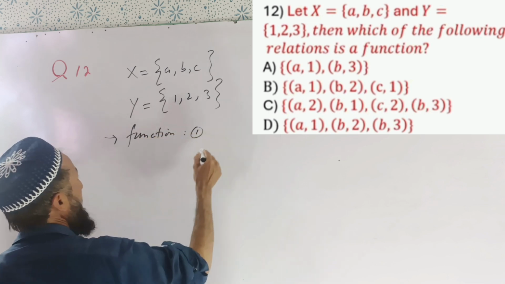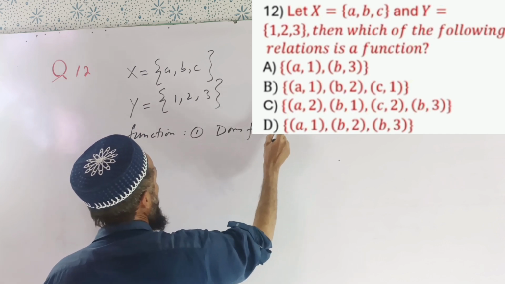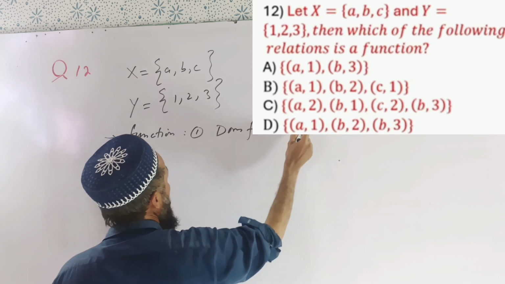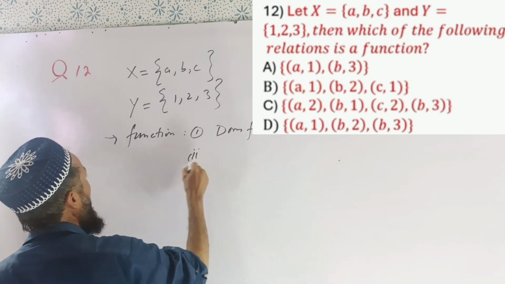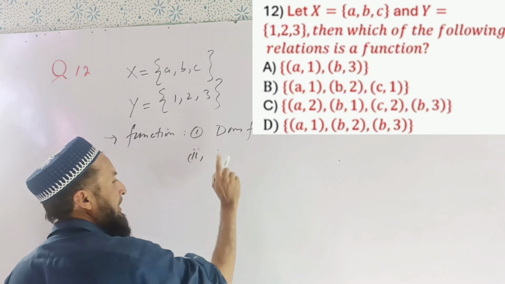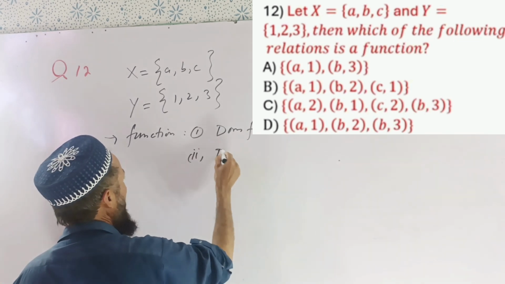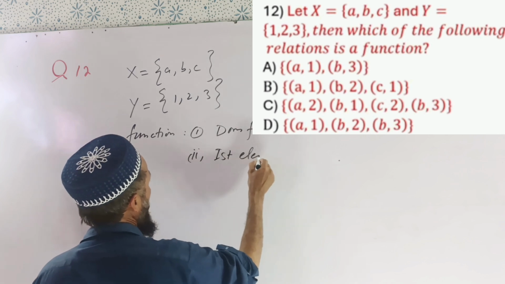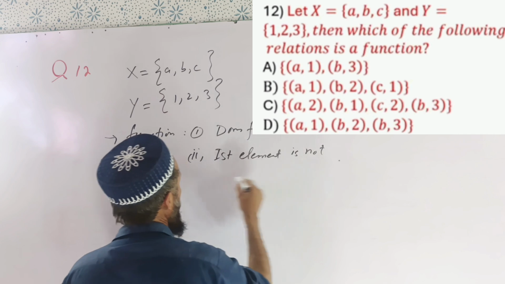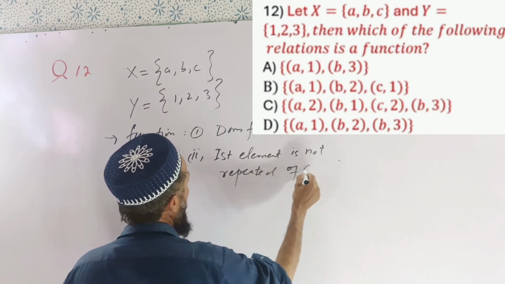The first is that the domain of any function must be equal to the given set A. Here the given set is X, and the second is that the first element of any ordered pair in the domain is not repeated.